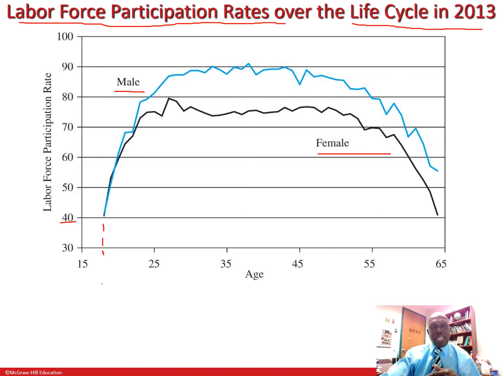But as age increases, around 25 years old, the male participation rate starts increasing more than the participation rate of the female. You can see that at age 25, the participation rate of female is about 72%, while the participation rate for male is about 81%.